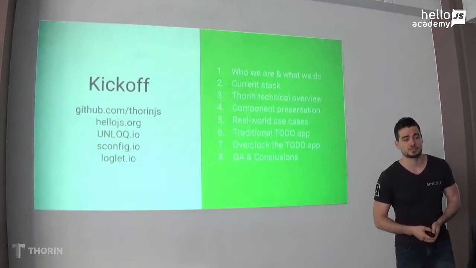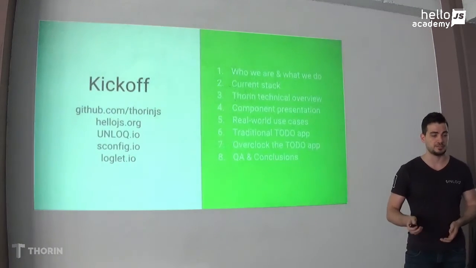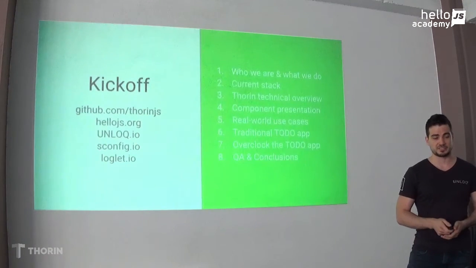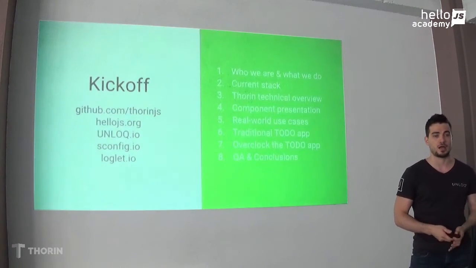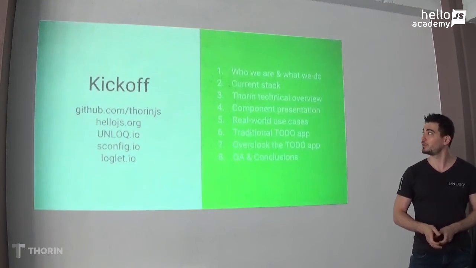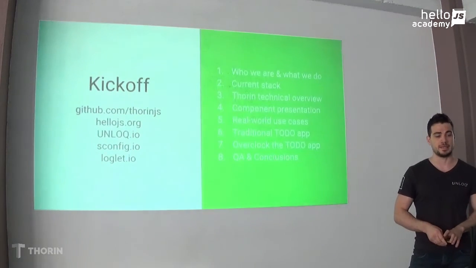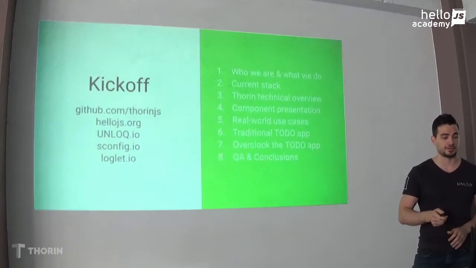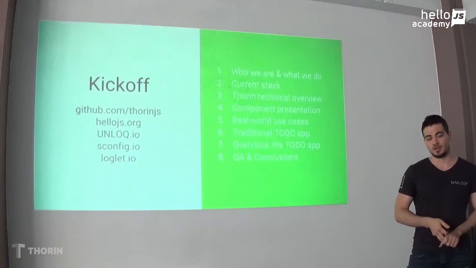Alright, so I want to talk a bit about what we're going to talk about today. I'm going to start with who we are and what we do. What is Thorin.js? How can it help you? Then we're going to move to the current stack that we're using, the one that powers Unlock.io, sconfig.io, loglet.io, and a couple of other side projects.